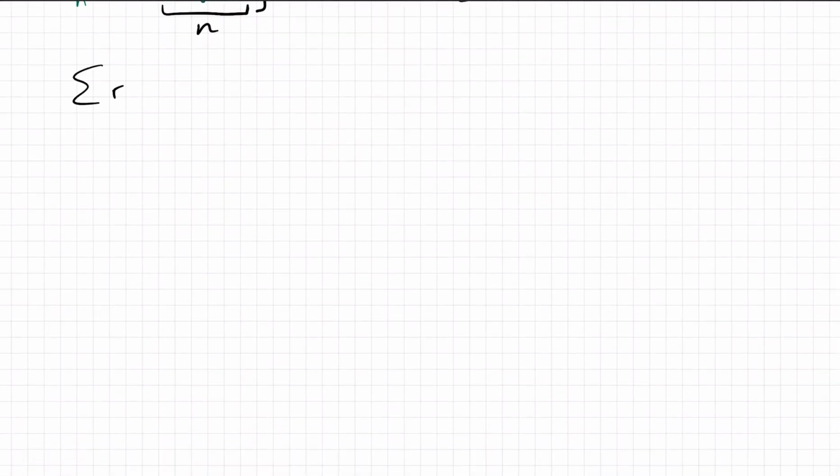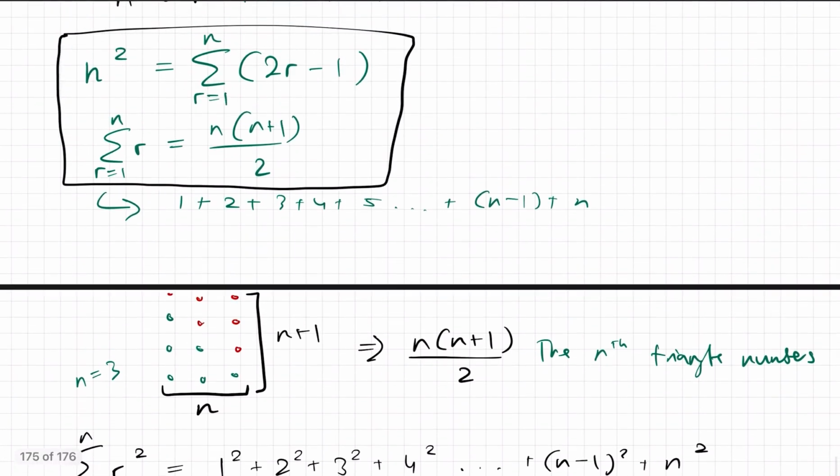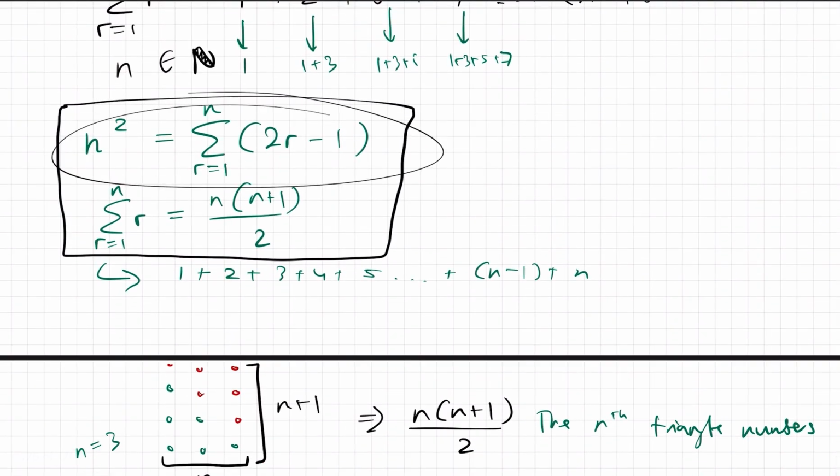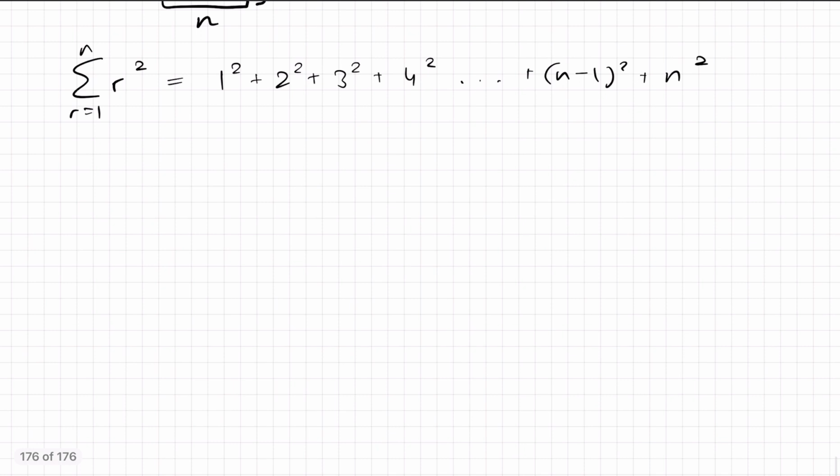First thing, I'm just going to write out the expanded version. So 1 squared plus 2 squared plus 3 squared plus 4 squared all the way up to n minus 1 squared plus n squared. Now we're going to use the fact that we can write squares as sums of consecutive odd numbers.